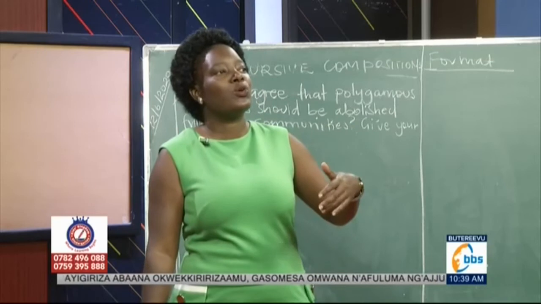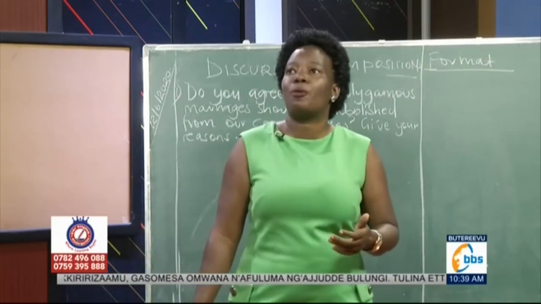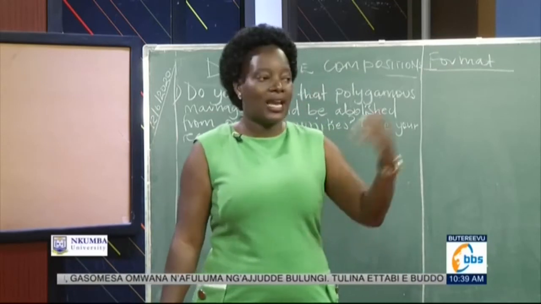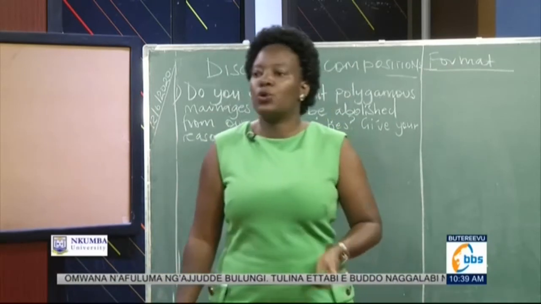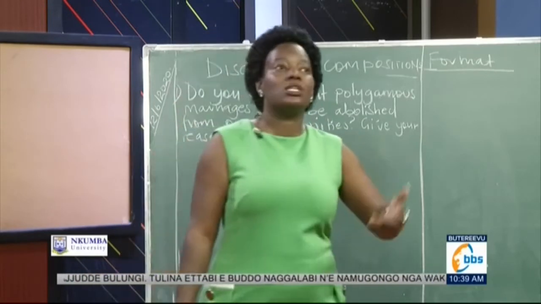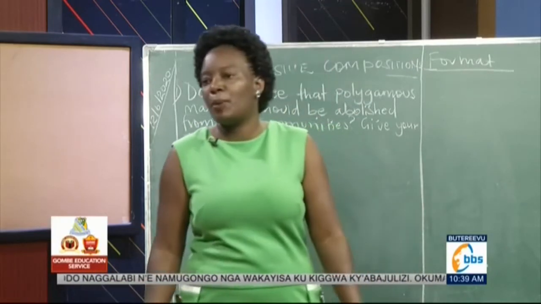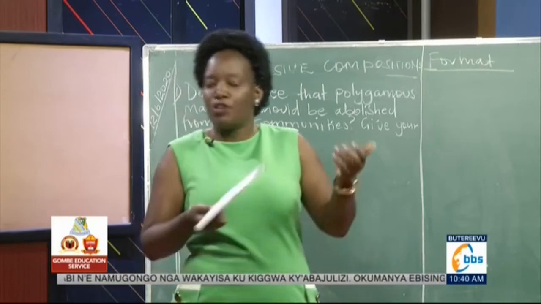Or you could give some experiences. Actually, some of these opinions may come from our experiences, which can help us defend our opinions. So you could give some experiences in your community where you disagree and you think polygamous marriages are very good, maybe because you have gained from them, or people in your community have. So you give your reasons.